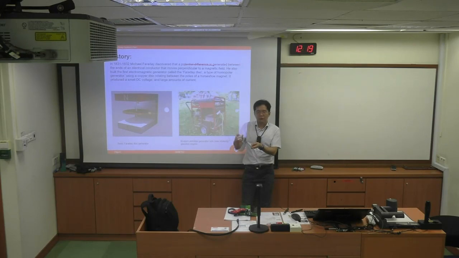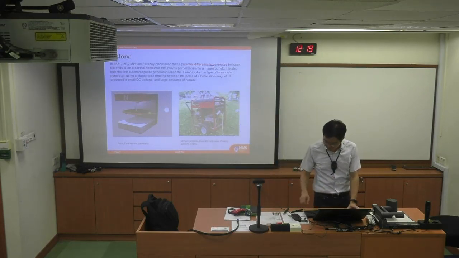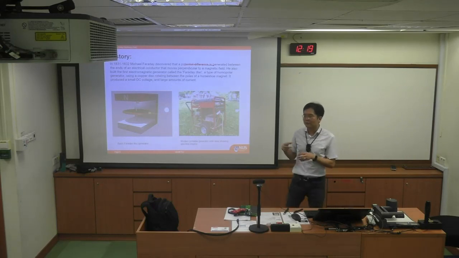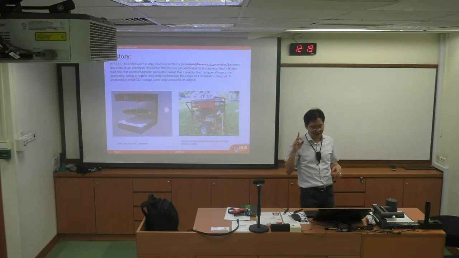And if you do the other way around, by rotating the motor, it will actually generate the electricity out of its two terminals. That's how the Faraday disk works. It's called a generator. So if you turn this with hydropower, then it's a hydro-powered generator. If it is generated by other means, you can also use the generator to generate alternating current.